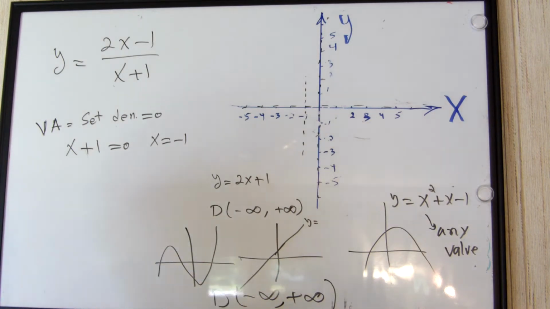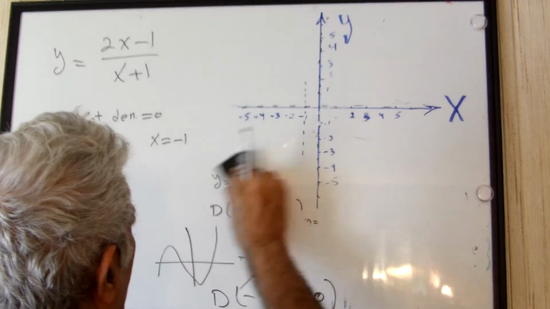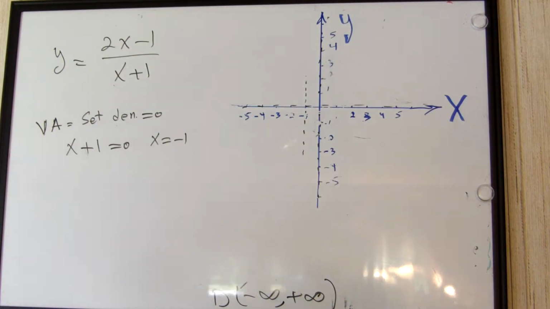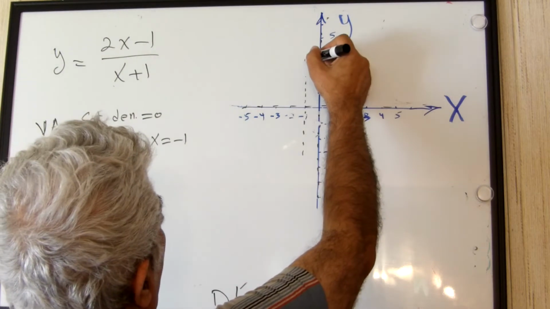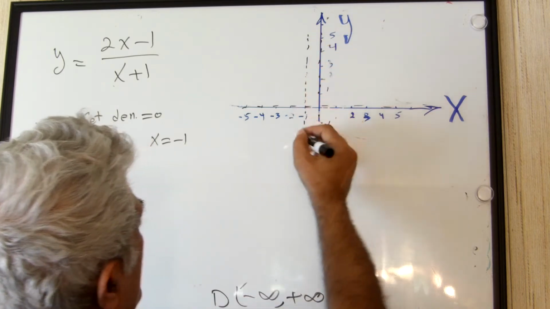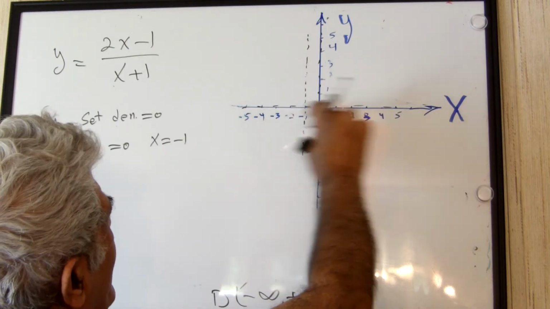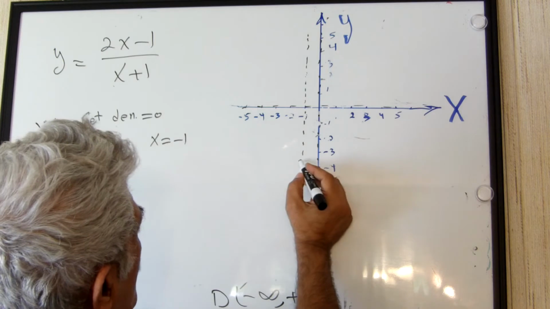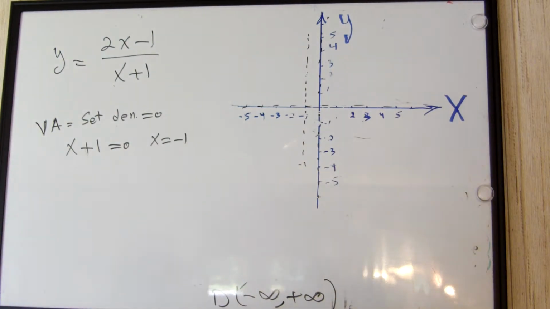But in some cases it is not like this. In some cases, you have to exclude some numbers. For example, here one of the asymptotes is minus 1. So any number except minus 1 can be the value of x.